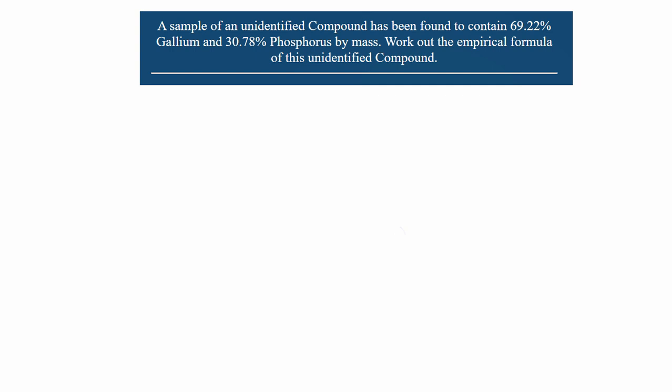So the percentage abundances by mass, or I could call them percentage composition by mass, is given in the question. I'm going to do a quick check to see whether those percentage compositions by mass add up to 100 or to something else.